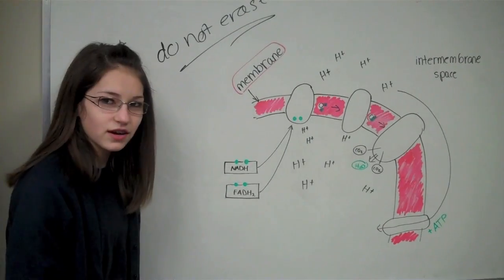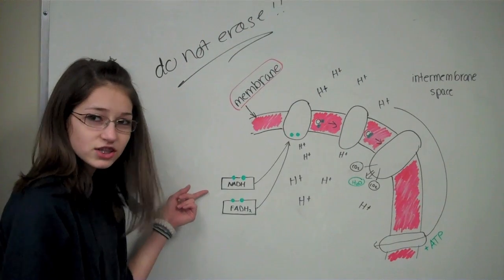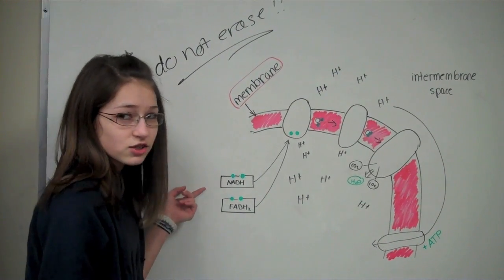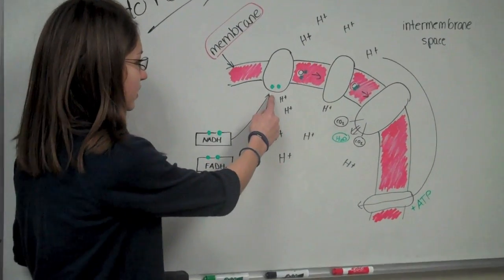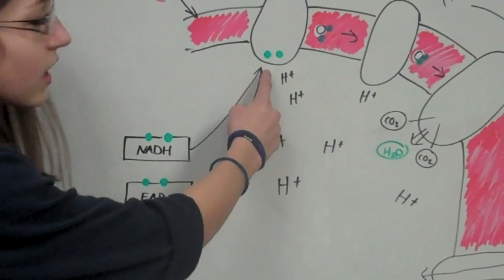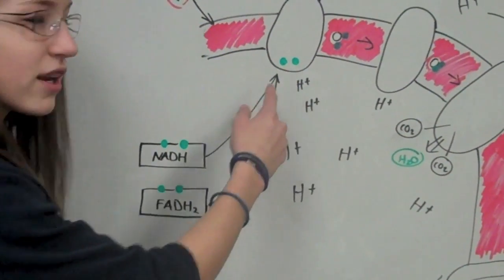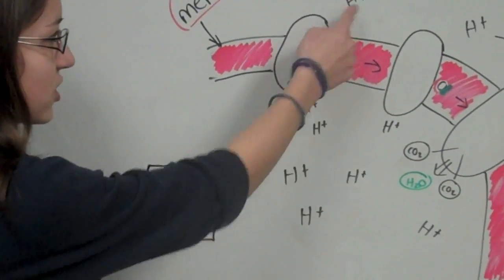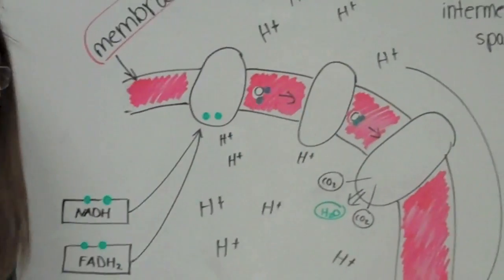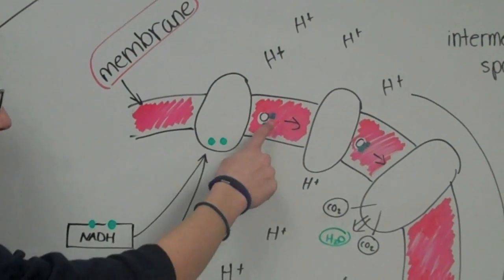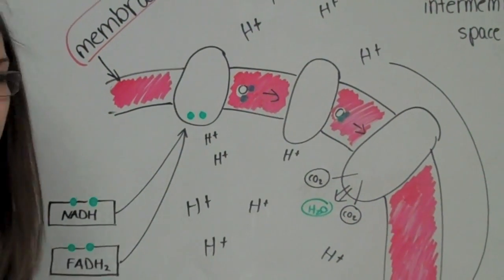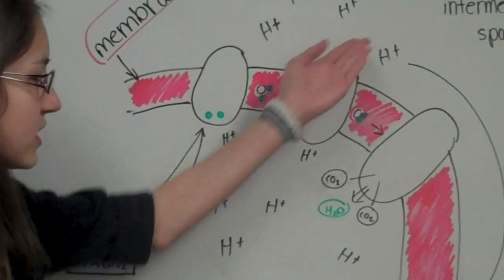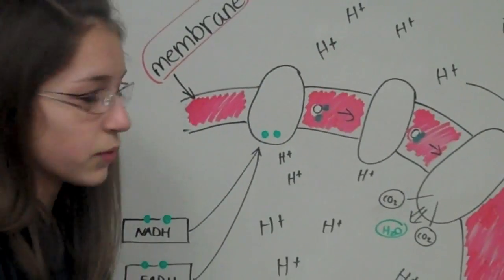For oxidative phosphorylation, NADH and FADH2 electron carriers drop off the electrons in a protein. The high energy of the electrons allows hydrogen ions to go through into the intermembrane space. The electrons continue on their way to the second protein. The same thing happens here. More hydrogen ions go through.